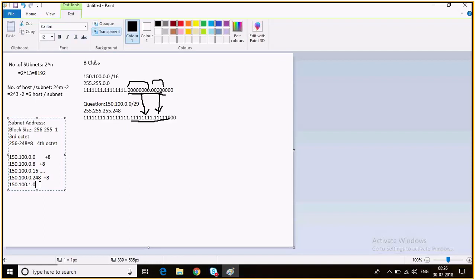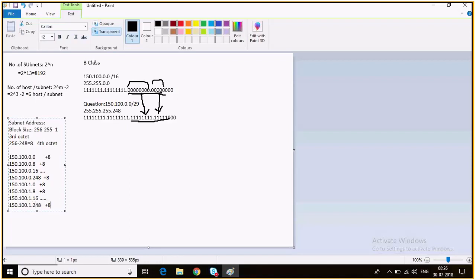Now the fourth octet becomes 0 again. I'll again add 8 over here, not 1. So 150.100.1.8 is there, and I'll again add 8 to this. Then I'll have 150.100.1.16 over here. It will keep on going, and I'll get to a point where I get 150.100.1.248.